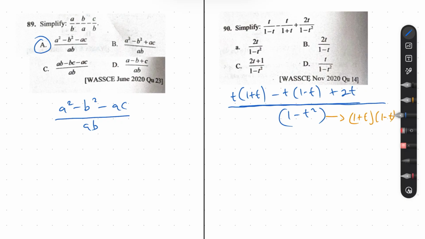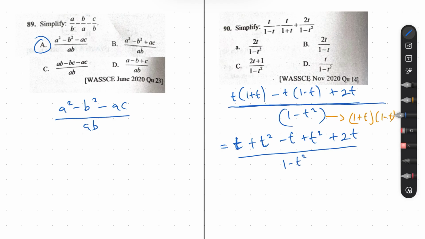So let's simplify. So we have t plus t squared minus t plus t squared plus 2t all over 1 minus t squared.